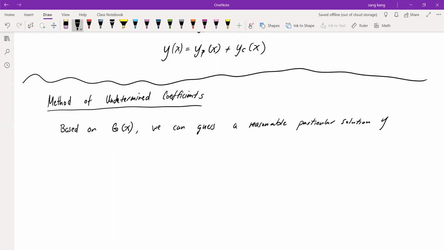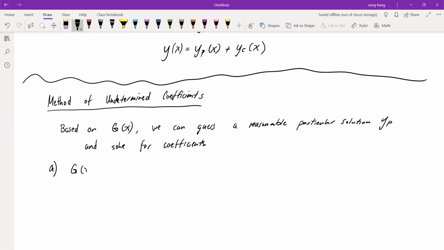So, reasonable particular solution, y sub p, and basically we'll solve for the coefficients. Okay. So we'll look at a few different cases here. Let's start with A.